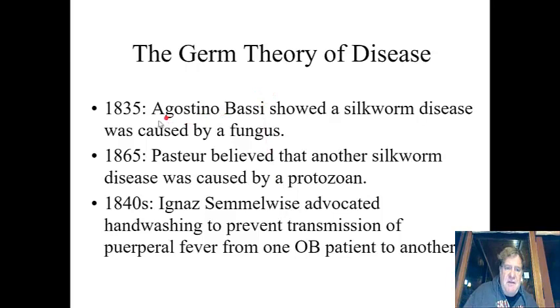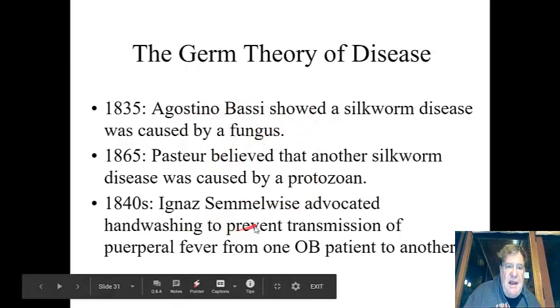For the germ theory of disease, in 1835, well over 100 years ago, Bassi showed that silkworm disease was caused by a fungus. In 1865, Pasteur believed that another silkworm disease was caused by a protozoan, and again, the production of silk in textiles was one of the big motivators. In the 1840s, Ignaz Semmelweis advocated hand washing to prevent transmission of puerperal fever from one OB patient to another in pregnancy.